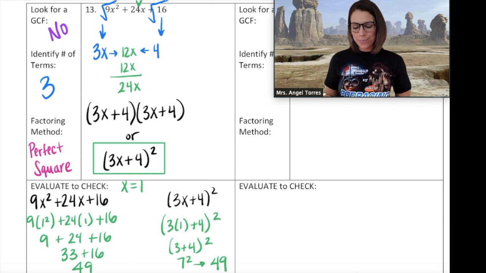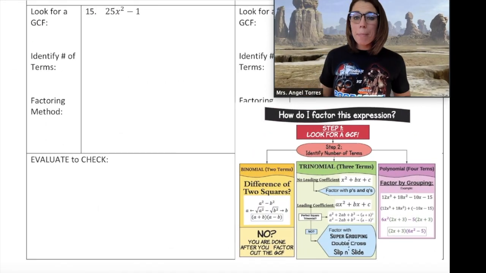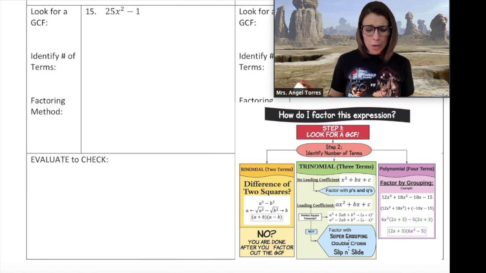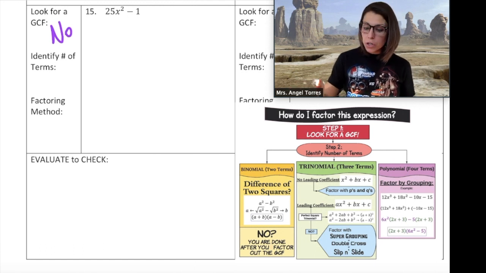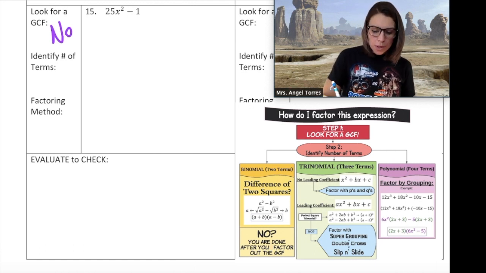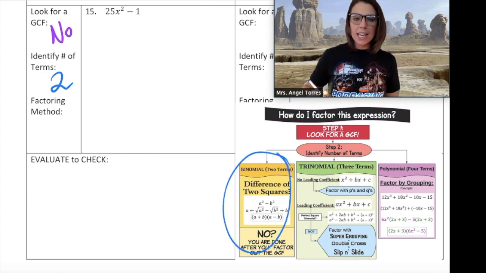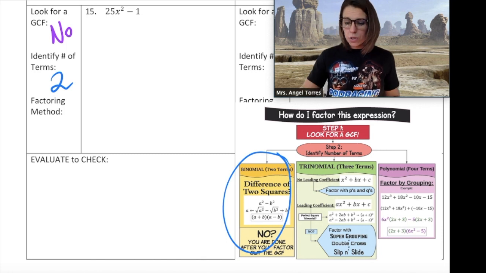Last problem, 25x squared minus 1. Is there a GCF here? Not when 1 is one of the terms, definitely no GCF. How many terms are there? Only 2 this time. Interesting. That means we're working with the yellow box in our mind map. So if it's a binomial, either it can't be factored or it's a difference of 2 squares.